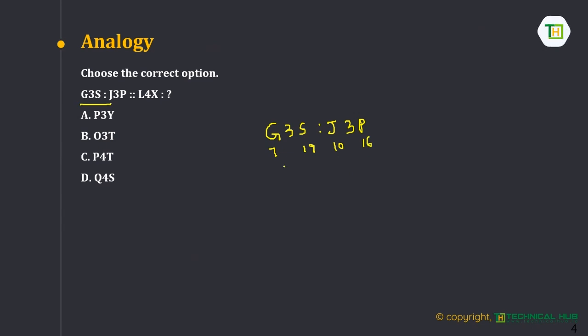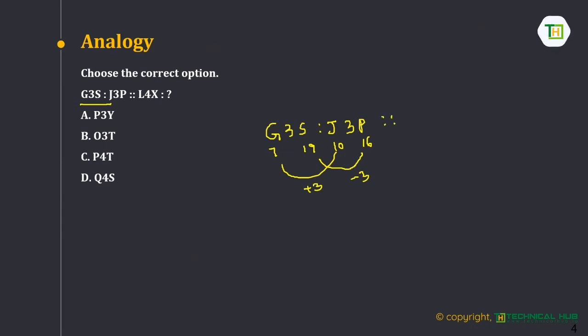If you observe, G is changed to J, means adding 3, and S is changed to P, means subtracting 3. Here, the same logic is applied to the third one to get the fourth one.